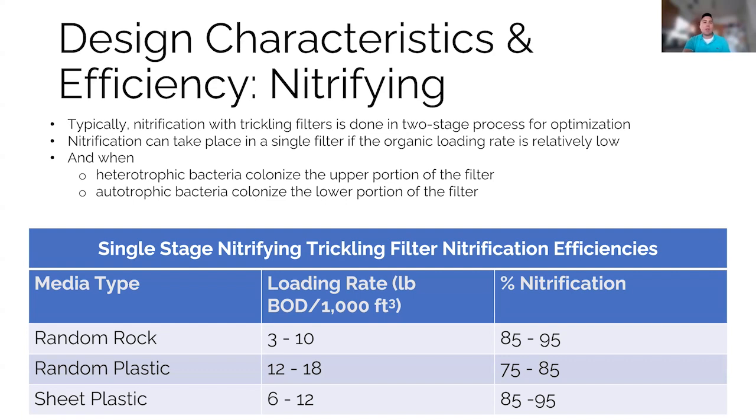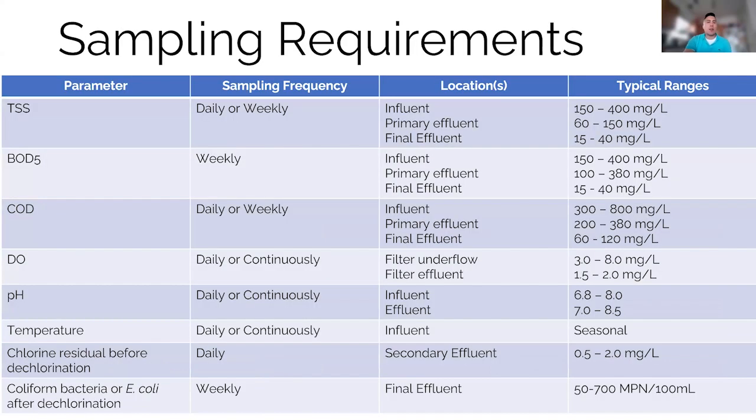So those are our different types of trickling filters, but all trickling filters should have sampling requirements, and these are some of those parameters that you look for in understanding how to operate your trickling filter. Just like a lot of our biological processes and other processes for wastewater, you want to measure the TSS, the BOD, the COD, the DO, the pH, the temperature, the chlorine residual before dechlorination, and your coliform bacteria after dechlorination.